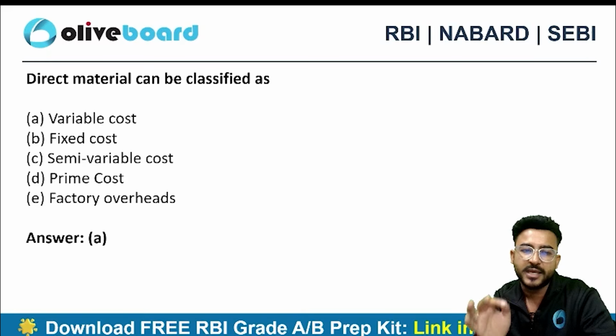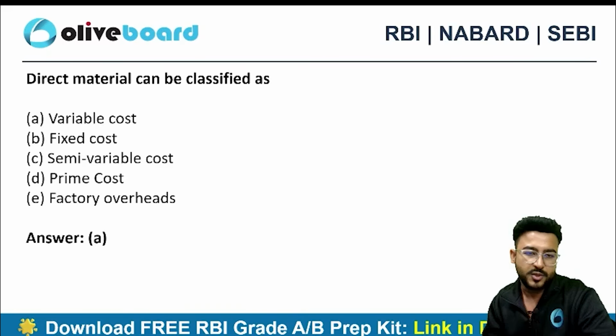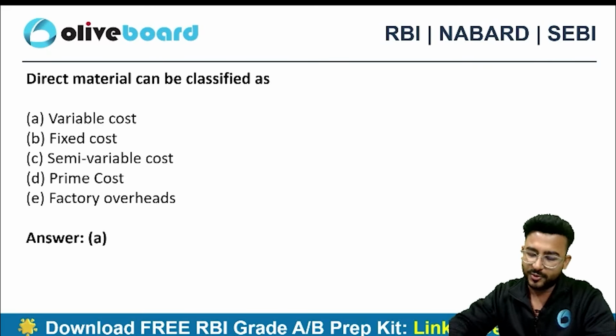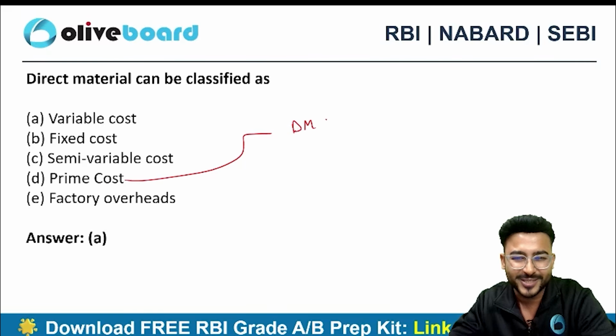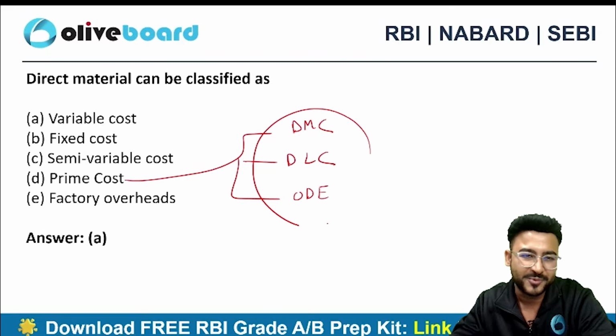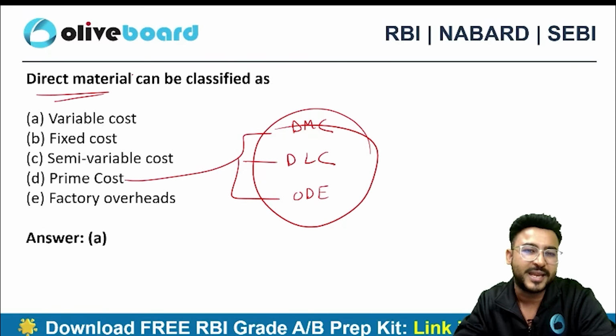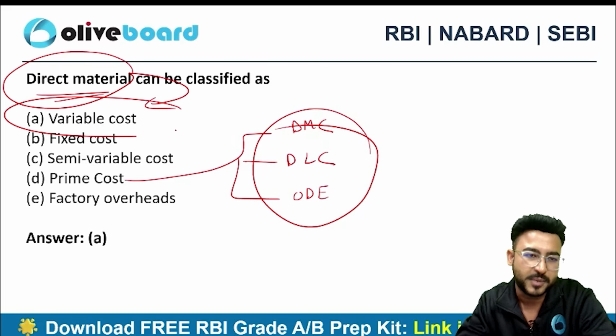Because you have studied the cost sheet, you know that prime cost is direct material cost plus direct labor cost plus other direct expenses. But usually the direct material is classified as a variable cost.